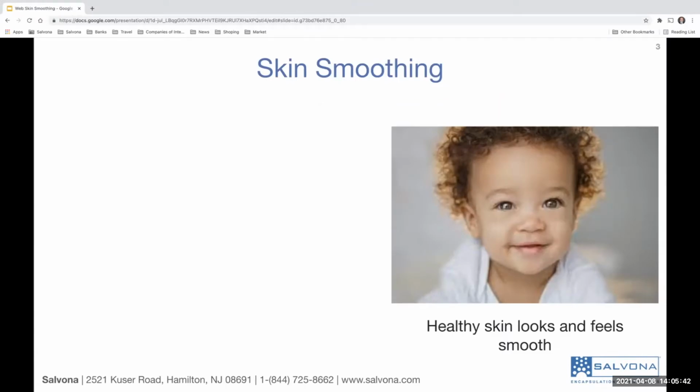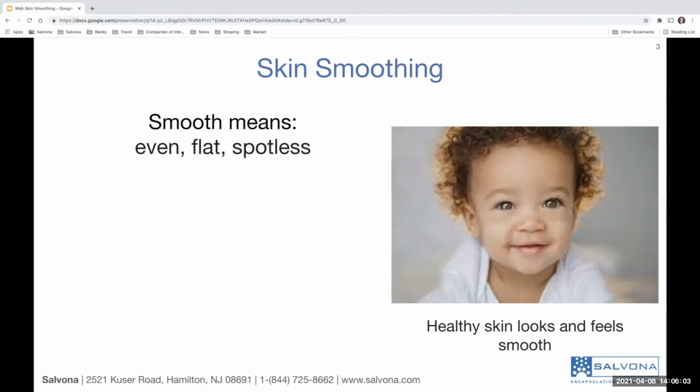So when you look at this face, there is no question what it means, skin smoothing. The baby skin is smooth. So there is no issue to identify what is skin smoothing. But when we talk about skin smoothing in cosmetic or personal care, we need a little bit more identification.